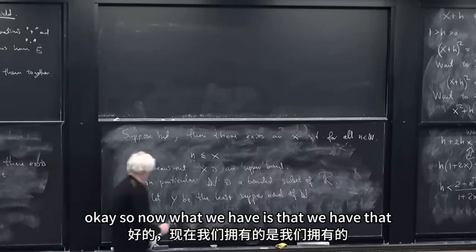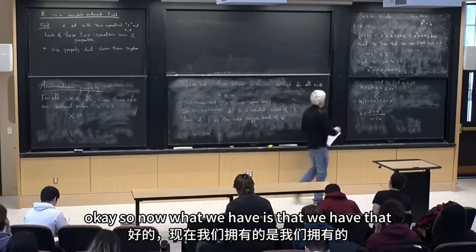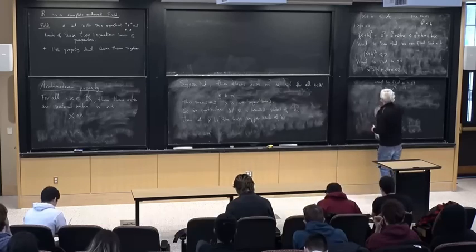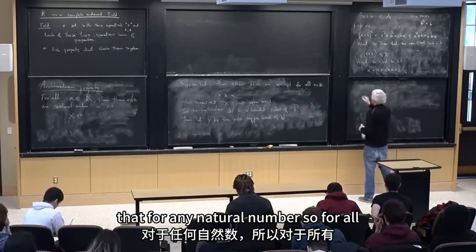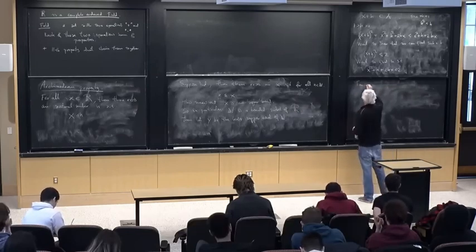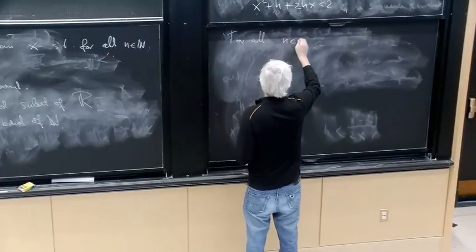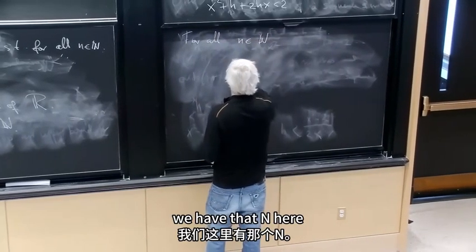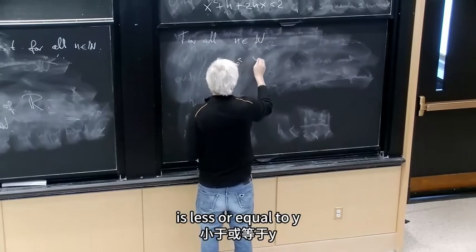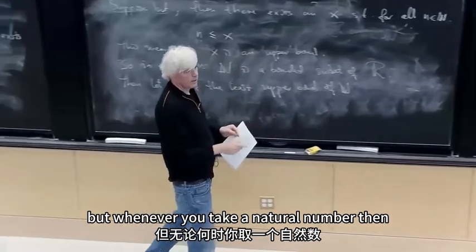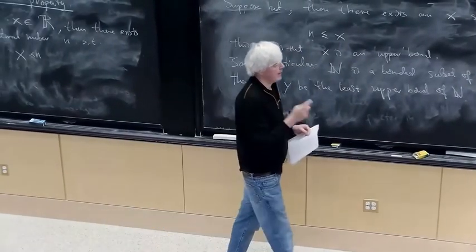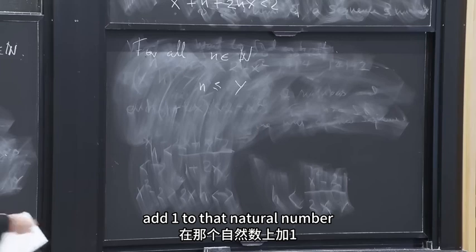So what we have is that for all natural numbers n, n is less than or equal to y. Right? But whenever you take a natural number, then add 1 to that natural number.